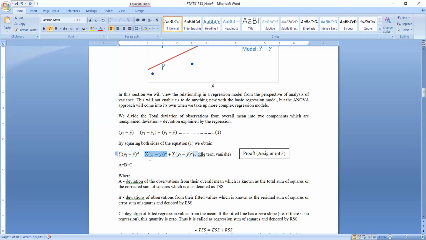This is actually the residual. We have also seen that when you take the summation of these residuals, they add up to 0. So in this case, we have taken the squared value of each residual and we are taking the summation. So then it's not adding up to 0.